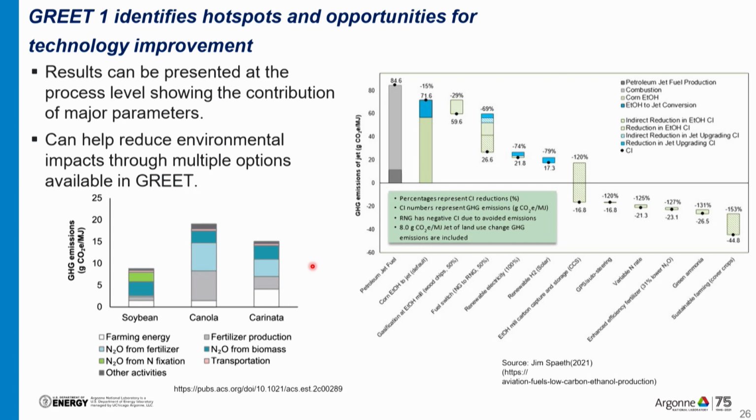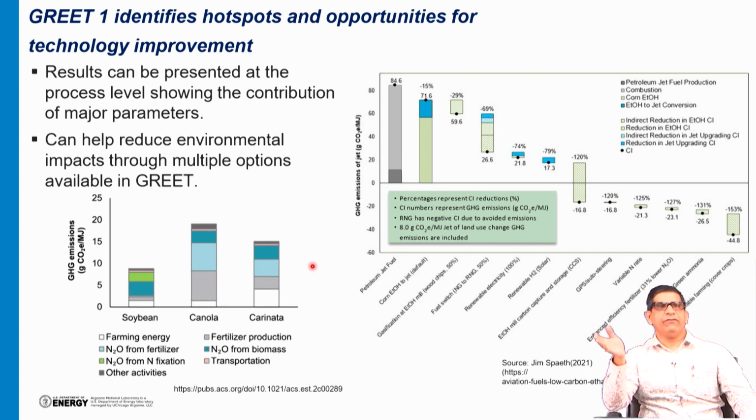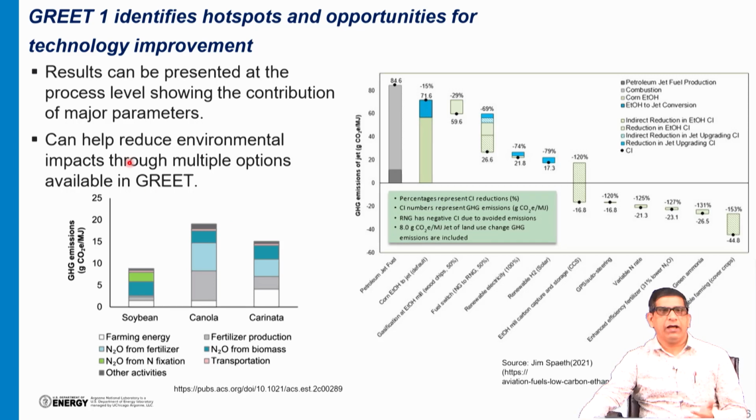Results can be presented at the process level, showing the contribution of major parameters, which can help reduce environmental impact through multiple options. Here you are looking at, say, soybean and canola in Canada, and in terms of GHG emissions, whether it is from farming, N2O due to fertilizers, N2O from nitrogen fixation, fertilizer production, N2O from biomass, or transportation. We can compare where the hotspots are and where the opportunities are for reducing the carbon footprint.